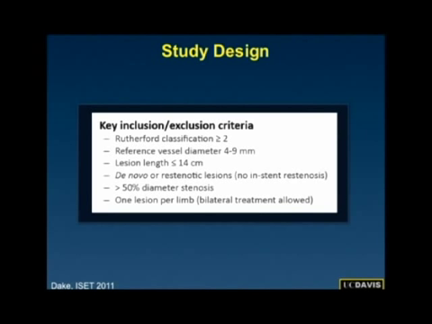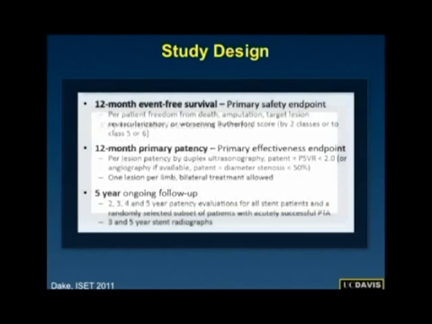Again, sort of medium to longer length lesions, less than or equal to 14 centimeters. Rutherford classification greater than 2. They did look at a clinical endpoint, which was freedom from death, amputation. They looked at a patency endpoint either by duplex or angiography. And they looked at a 5-year follow-up. And we currently have 2-year follow-up that's been reported.